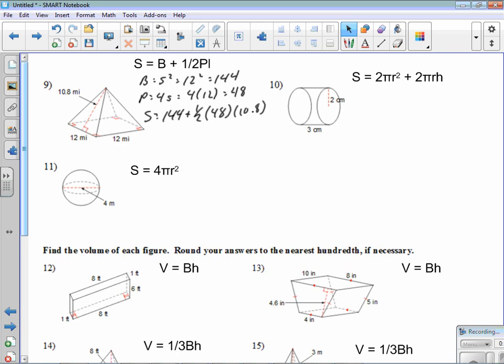Multiply and combine all of that. And we're going to get 403.2 miles squared.